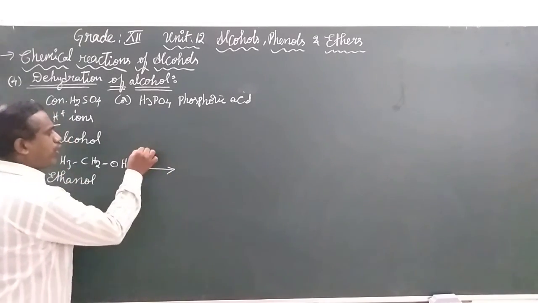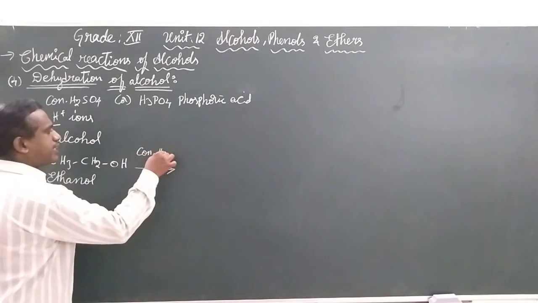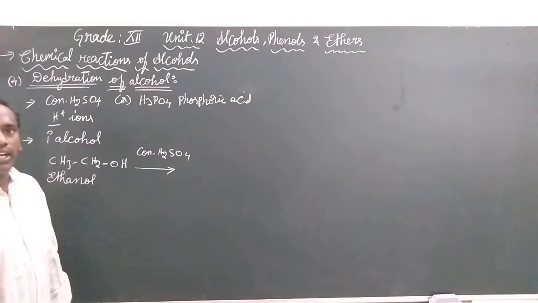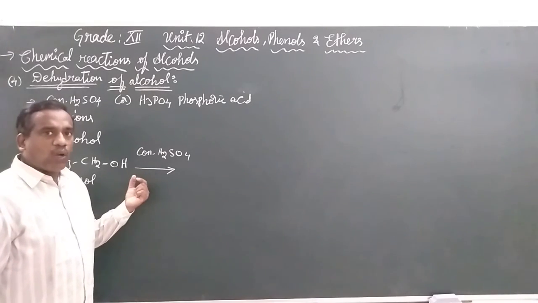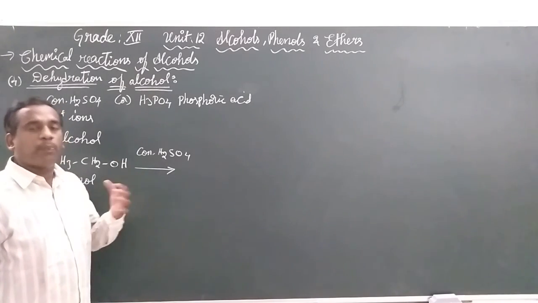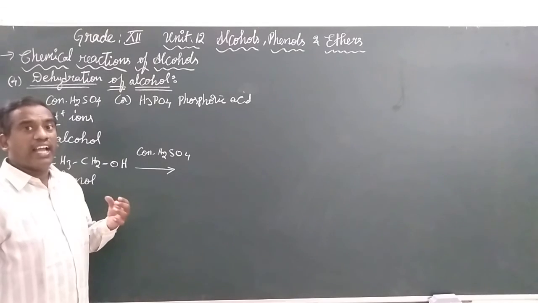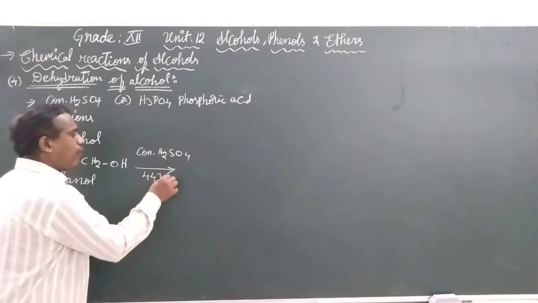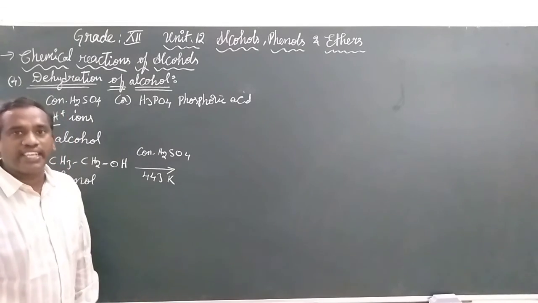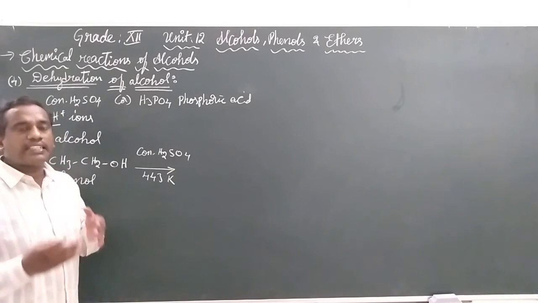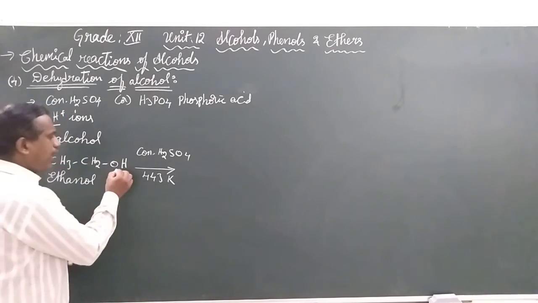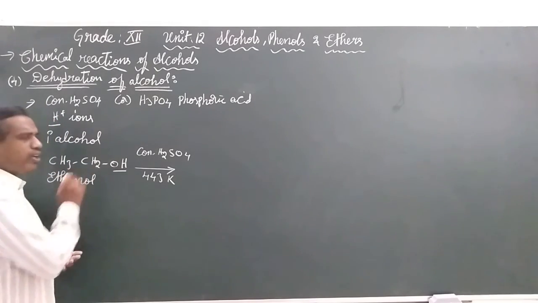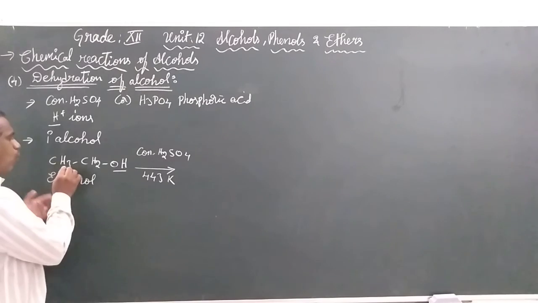Once you add concentrated sulfuric acid to this ethyl alcohol or ethanol, the concentrated sulfuric acid will give H plus ions, and they will be generated at a high temperature of 443 Kelvin.